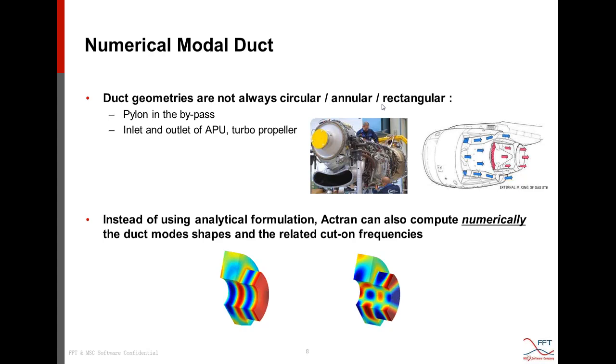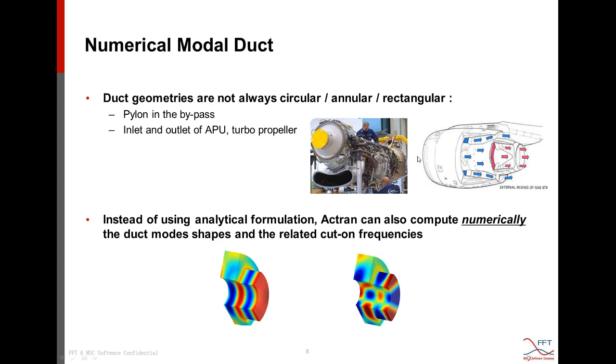For example, in this case on the left, we have the intake of a turbo propeller engine, and we see that this surface is a random surface. It's not an annular one or a circular one. Or sometimes we have obstacles like pylons in the bypass or in the engine structure.